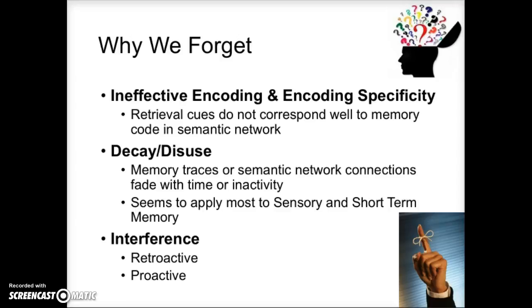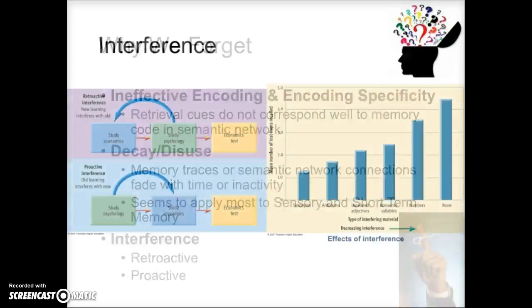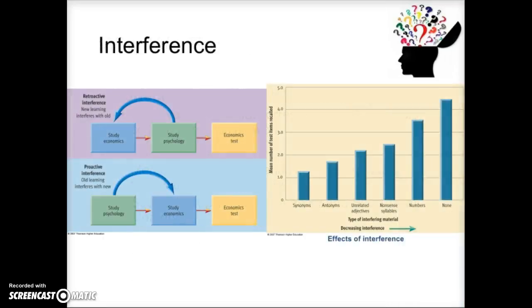Another reason why we forget is something called interference, and we have another slide that's going to detail both retroactive and proactive interference. Interference is where you either have retroactive interference, where learning something new interferes with something you already knew, or old learning interferes with your ability to learn something new.